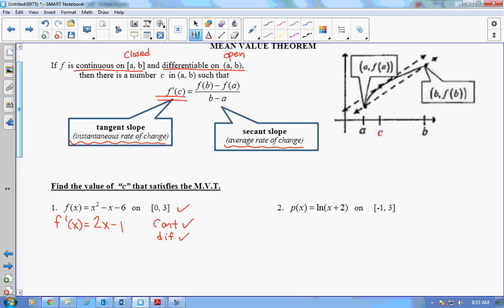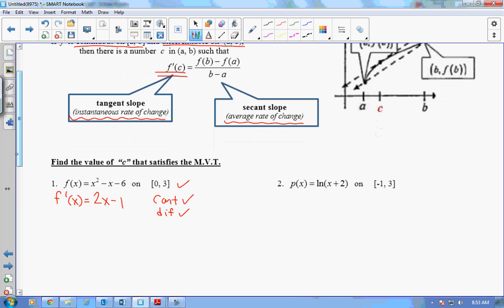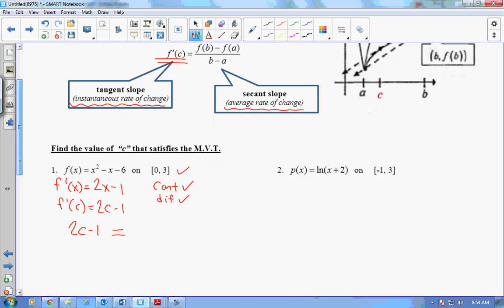So we're allowed to continue. Okay? So f prime of C, if I just plug in C, I would get 2C minus 1. Do you agree with that? F prime of x is 2x minus 1, so f prime of C is 2C minus 1. So we have 2C minus 1 has to be equal to f of b minus f of a over b minus a, the average rate of change.